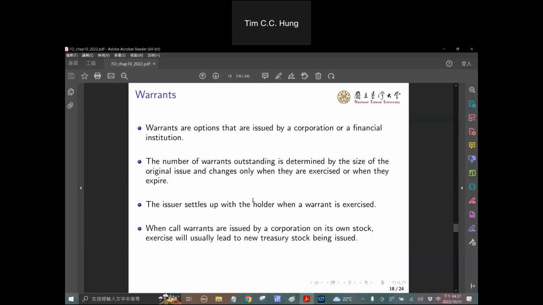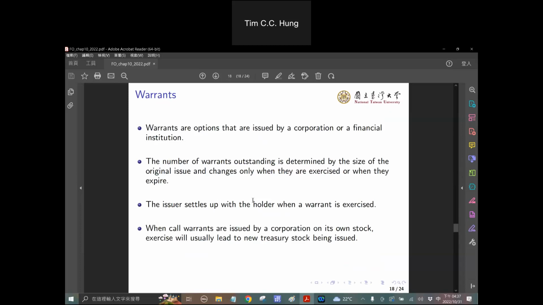So lastly, let's talk about some other types of options. When we talk about stock options, it's basically the option that you can buy or sell stocks. And there are also other types of options that are very similar to stock options. The first type is warrants. Warrants are almost exactly like stock options, but they differ in two senses.